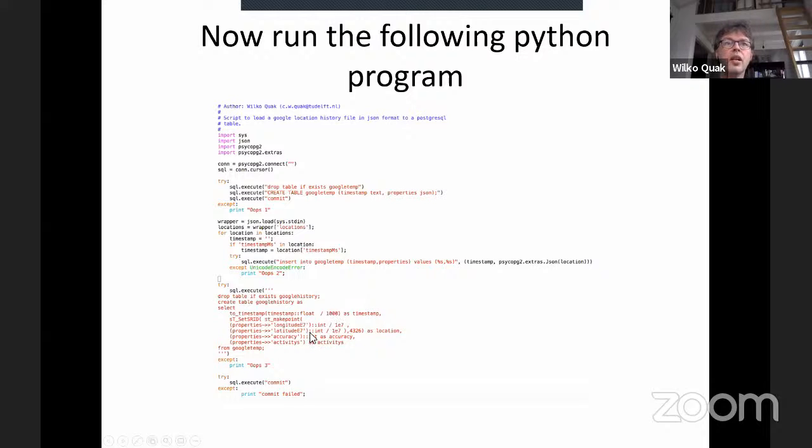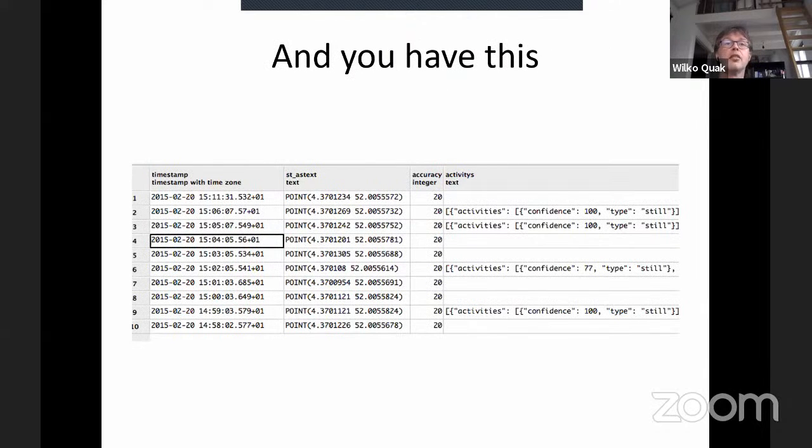For the longitude, I have to do some calculations, et cetera. But in the end, the data that was in JSON format is now in Postgres, and it looks like this.